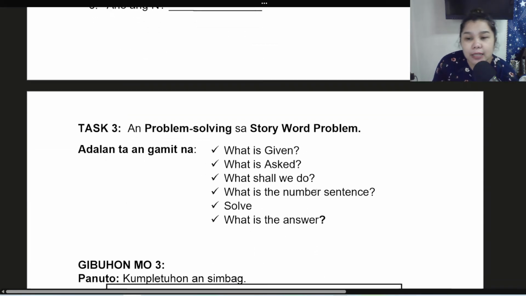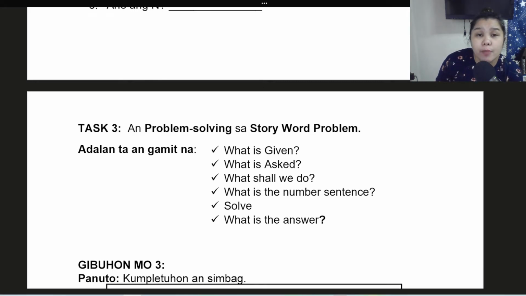And then Task 3, problem solving for story word problems. If you can remember, these were asked during the online assessment. I hope you won't forget this because it will still be used in the final online assessment, where we will be talking about subtraction.